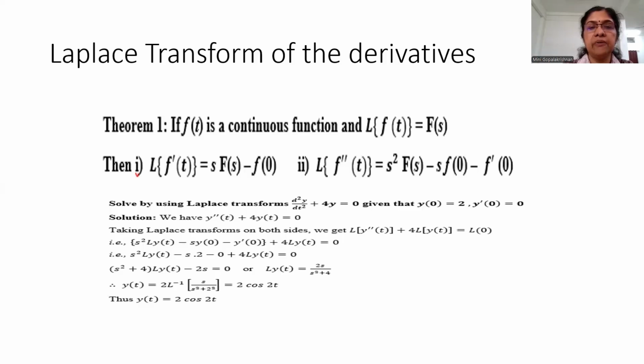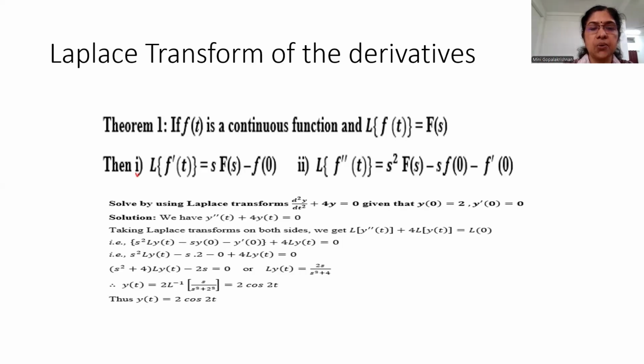Now, for the given equation, we have to take the Laplace transform. When you take the Laplace transform of y double dash t, we'll apply the Laplace transform of the derivative formula number 2, which is s square F of s minus s f of 0 minus f dash 0. Here our function variable is y, so we'll take capital Y and small y instead of F of s and f of 0.